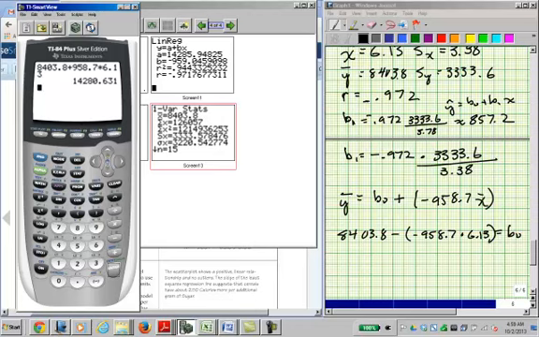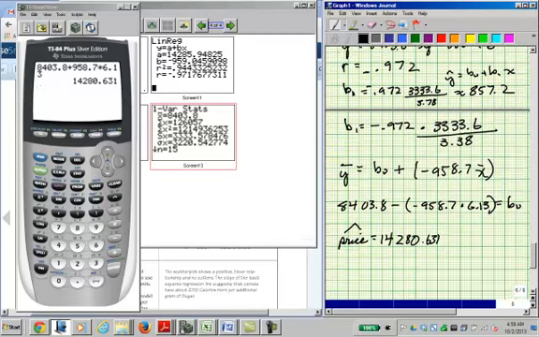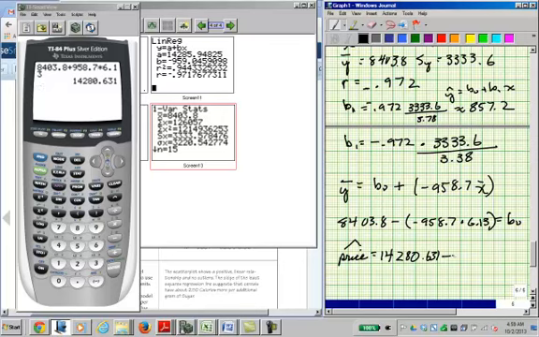So the estimated price equals $14,280.631 minus $958.7 times age in years.